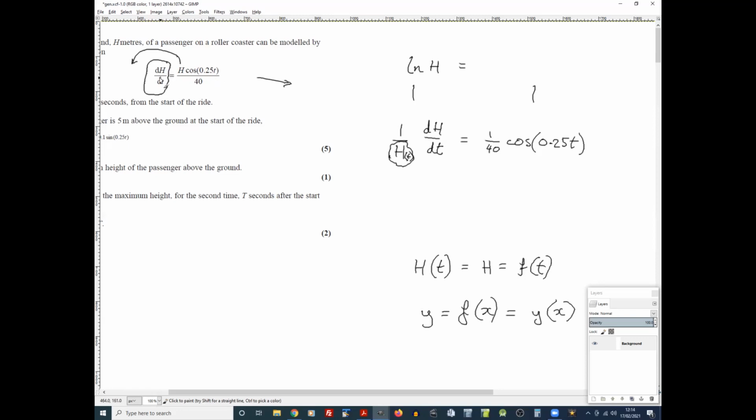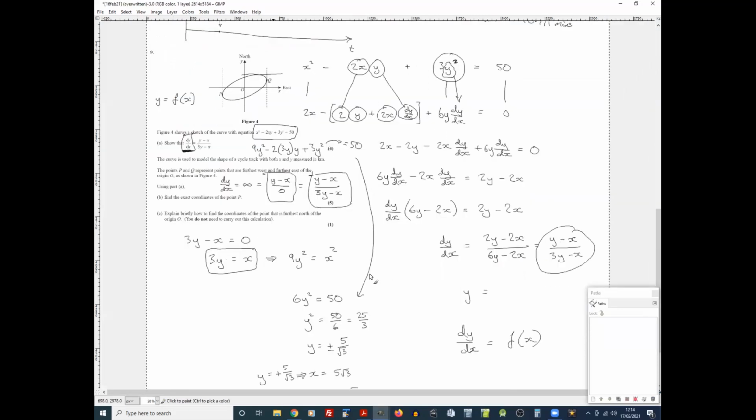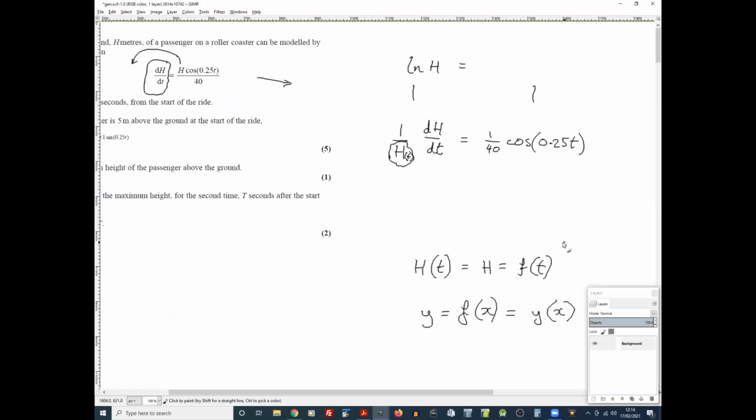You would just go ahead and integrate both sides and get h in terms of t, wouldn't you? But if you've got h mucked up in the derivative, just like y was mucking in with this derivative here, then separation of variables is what you want to do.